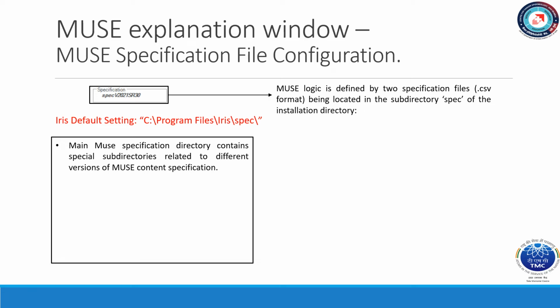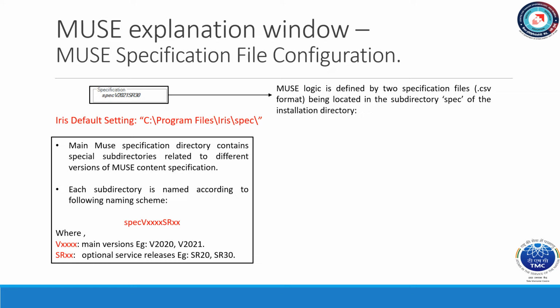Each subdirectory is named according to the following name scheme as shown below, where V followed by 4 digits represents main versions like V2020, V2021, etc., and SR followed by 2 digits represents optional service releases like SR20, SR30. This configuration directory is called the main Muse specification directory.